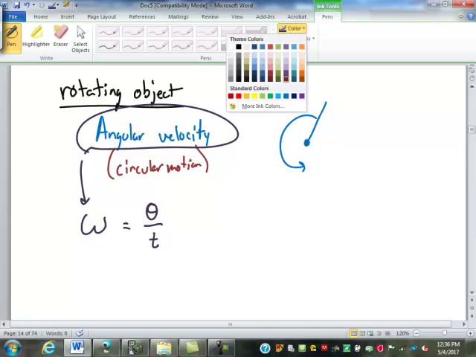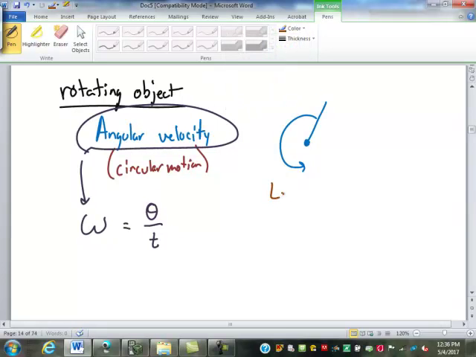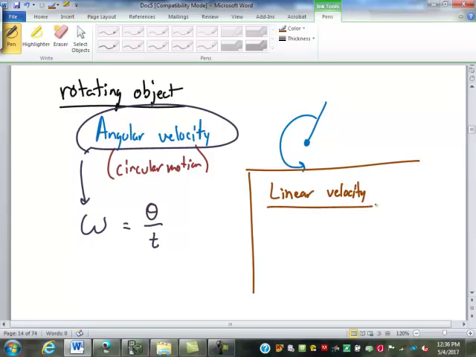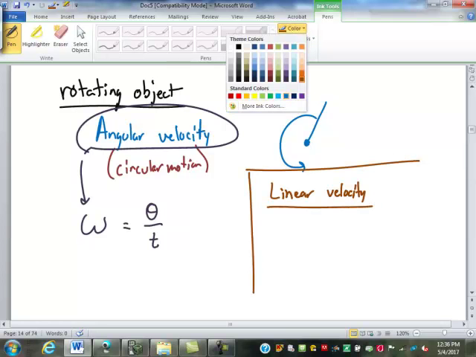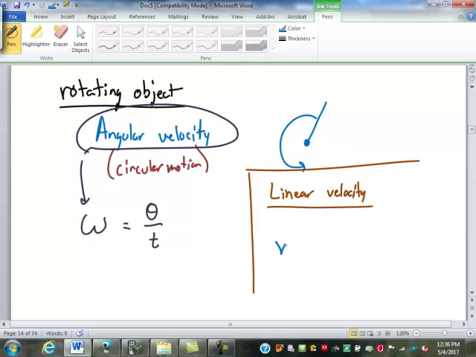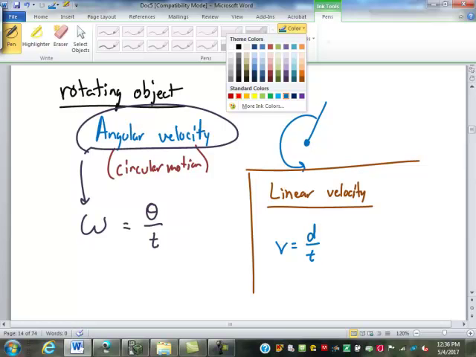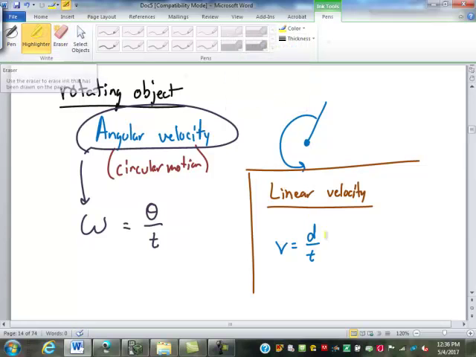Now let's compare that to linear velocity. In linear velocity, the velocity, v, is equal to the distance traveled divided by the time. So what's happening here is, instead of looking at the distance, we're looking at the angle that's traveled and dividing it by our unit of time.